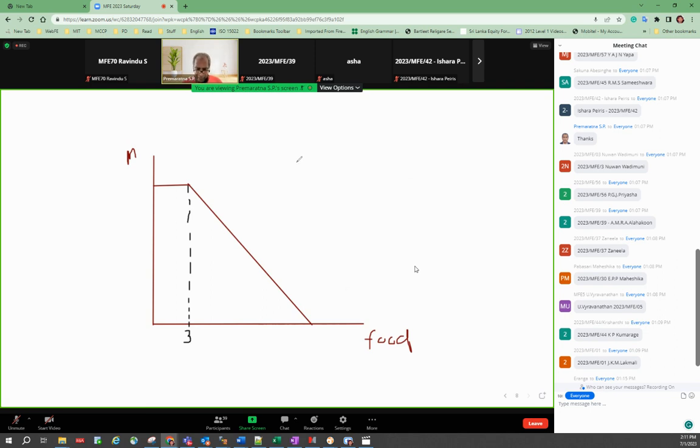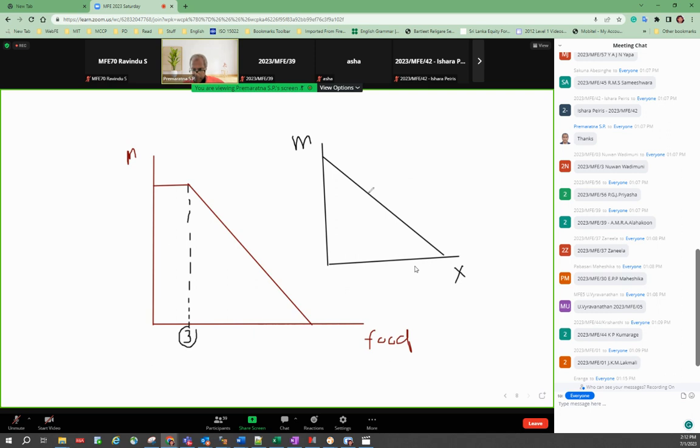If you buy more than some amount, let's say more than 3, you get the discount. Without discount, this is the budget line. Let's say X is some item, and the other axis is all the other items.